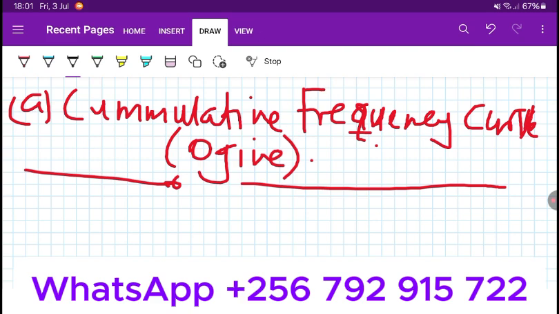So the cumulative frequency curve is used to represent the cumulative frequencies for each of the classes.